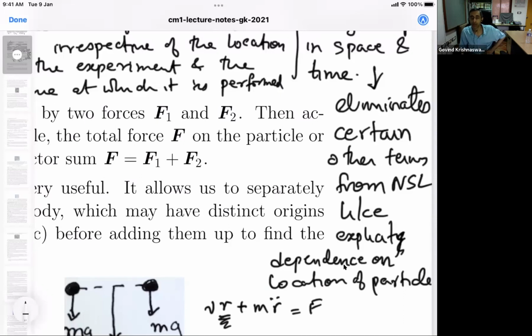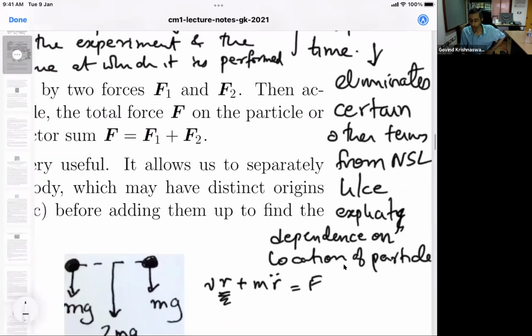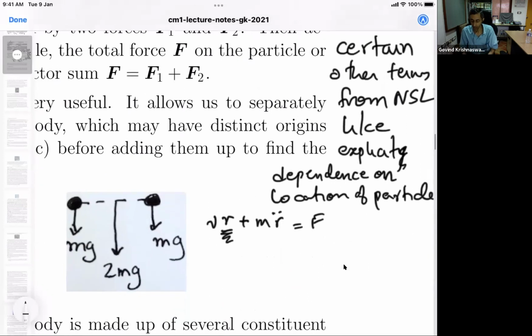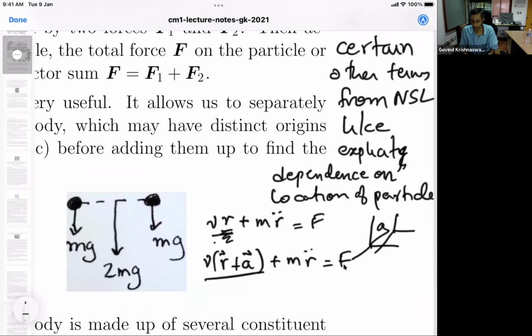And if you transform to a new frame that is translated, the equation would read nu (r plus a). You simply translate the frame by a constant vector a. Suppose you do that, then the equation would read something of this sort, and it would not have the same form. Of course, this will not affect the acceleration term.